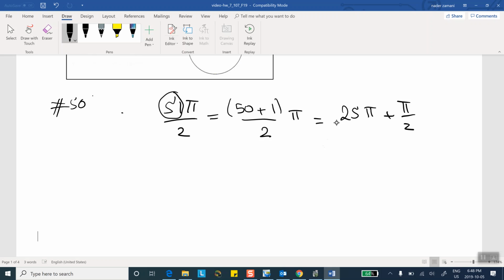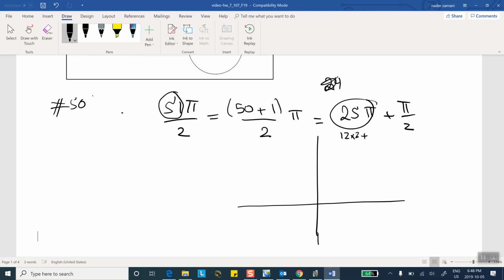Let's think about what this says. This is 12 times 2, plus 1. So you go 12 cycles, and then half a cycle, which is 1 pi.